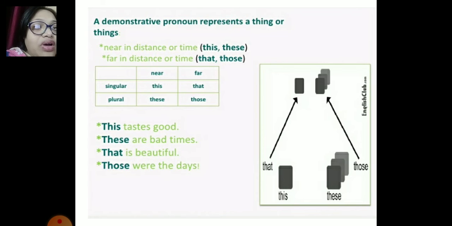So this is for singular, these is for plural, that is for a singular far object, and those is for plural. So, this tastes good. These are bad times. That is beautiful. Those were the days.